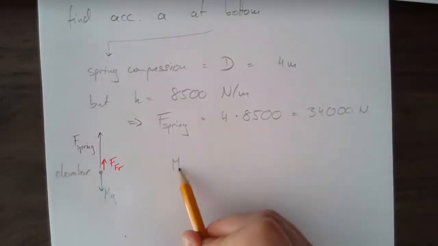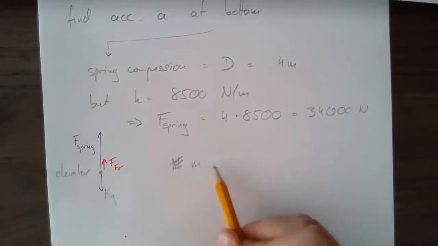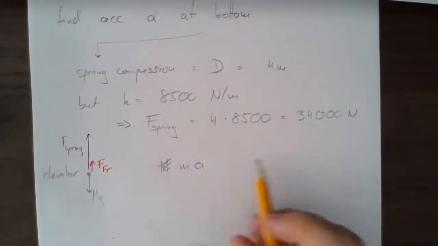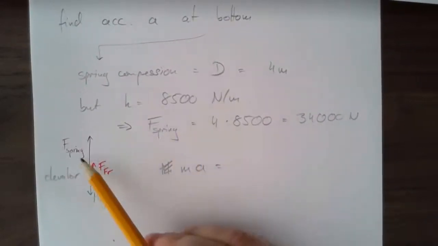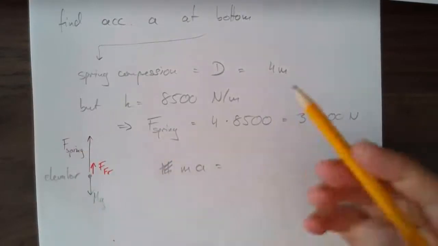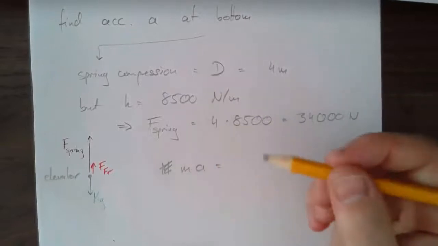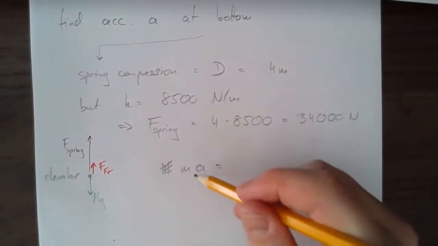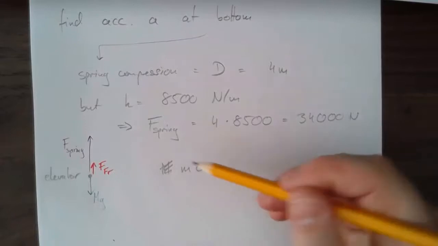So the mass of the elevator, I think I used little m for the mass, times A, in the second law that I'm writing down, is going to be F spring, F friction over mg. Actually, I only really care about the magnitudes now, right? I want to find the acceleration.